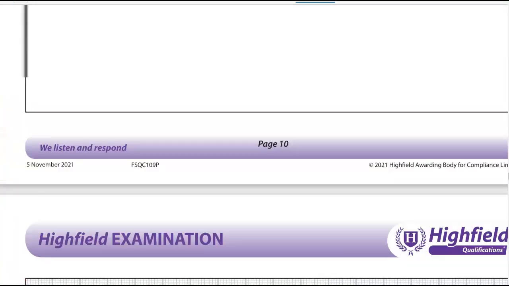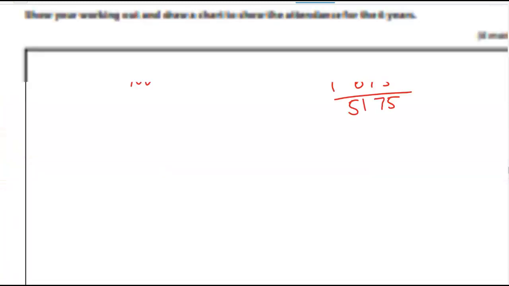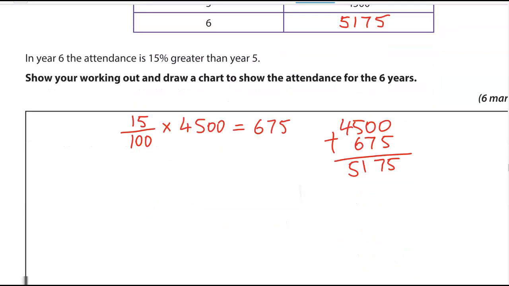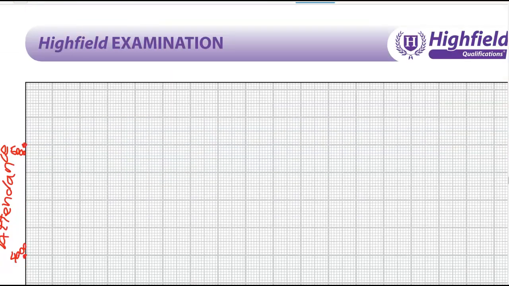Then for the third year, we have 4,150. So here is 4,100, 1, 2, 3, 4, 50 will be half of 100, so only 2 small squares. So 1, 2 here.